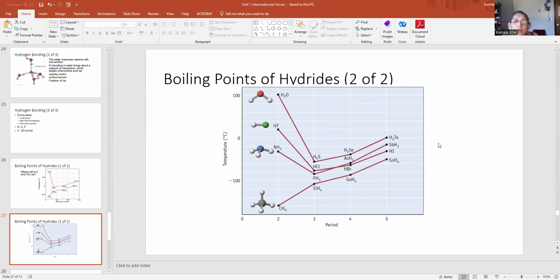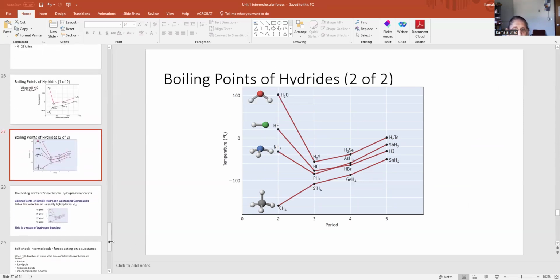You can see how the boiling point of hydrides varies with the period. And we see that water, because of its hydrogen bonding, has a comparatively very high boiling point as compared to HF and the remaining compounds. But in group 5 and the halogen compounds, the boiling points are almost gradually increasing.